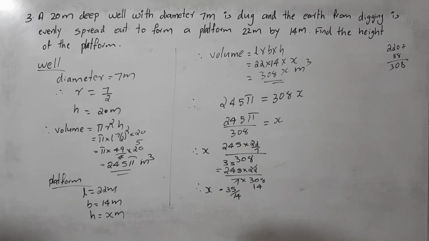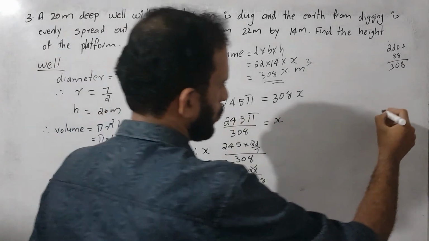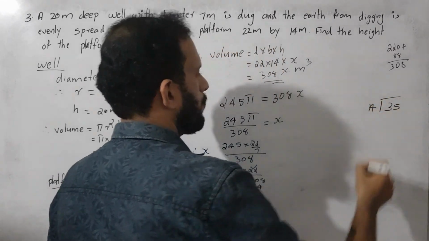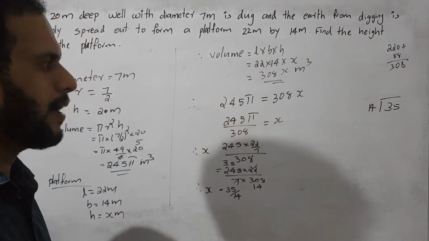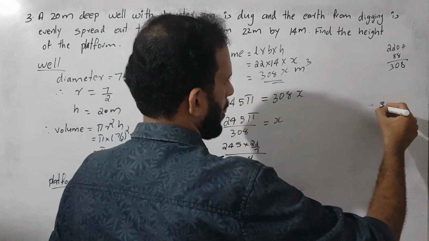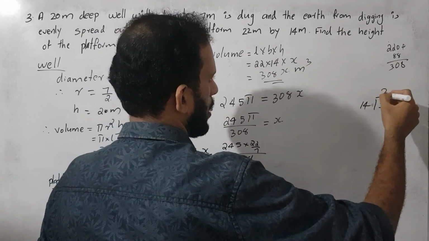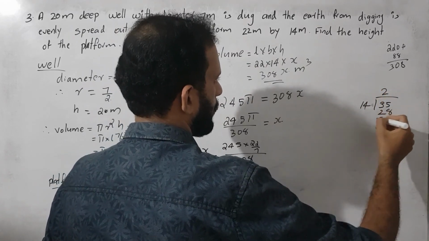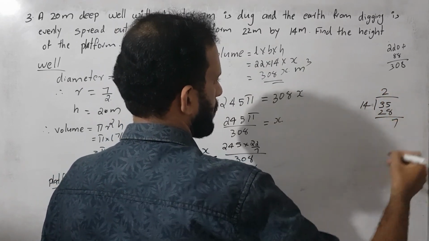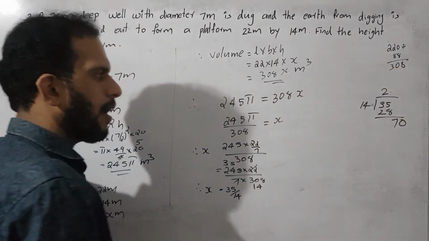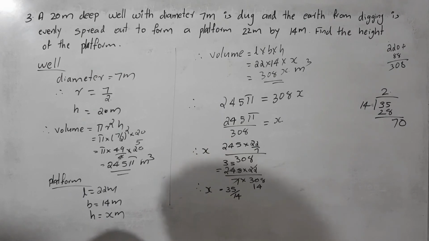Then we divide 35 by 14: 14 into 2 is 28, remainder 7, then 70, 5 times.